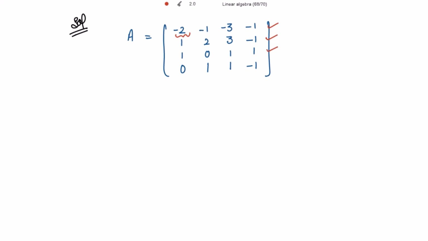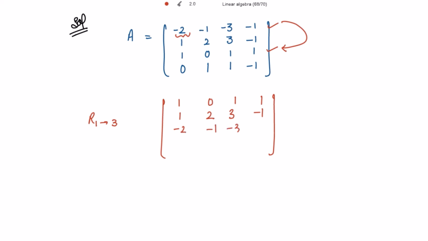So let me interchange row 1 with row 3, writing the third row as the first row now, and the rest of the elements as they are.